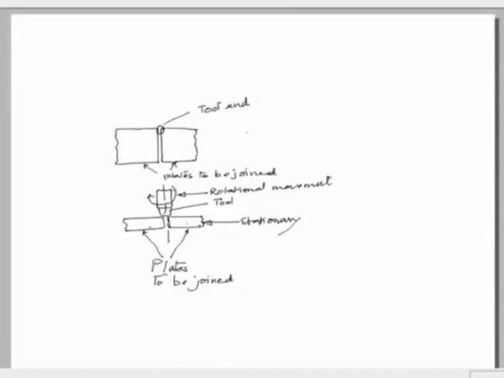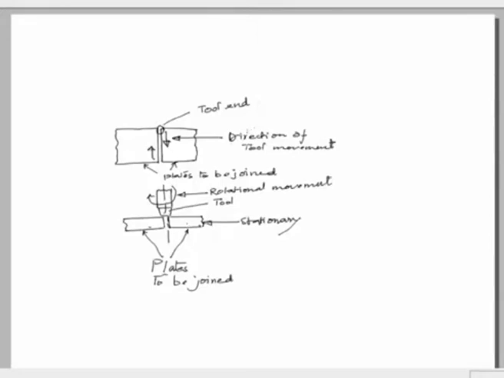Now, along with this rotational movement, the tool will also be moved in this direction or vice versa. If we start from this point, it can be moved in this direction as well. So, this is the direction of tool movement. Of course, I am talking about the relative movement.